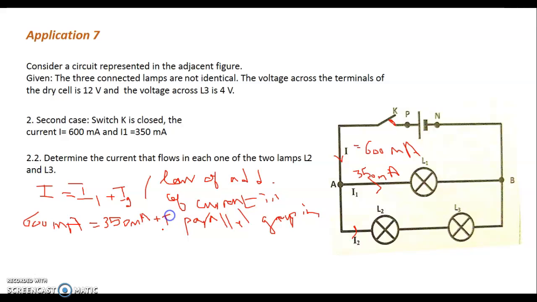So I2 is equal to, we take 350 to the other side, 600 milliampere minus 350 milliampere. It's equal to I2, which is equal to, in this case, 250 milliampere.